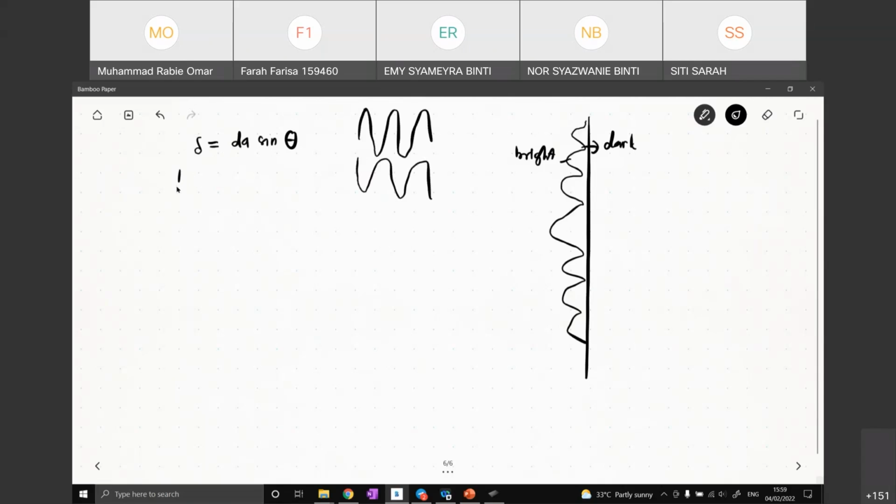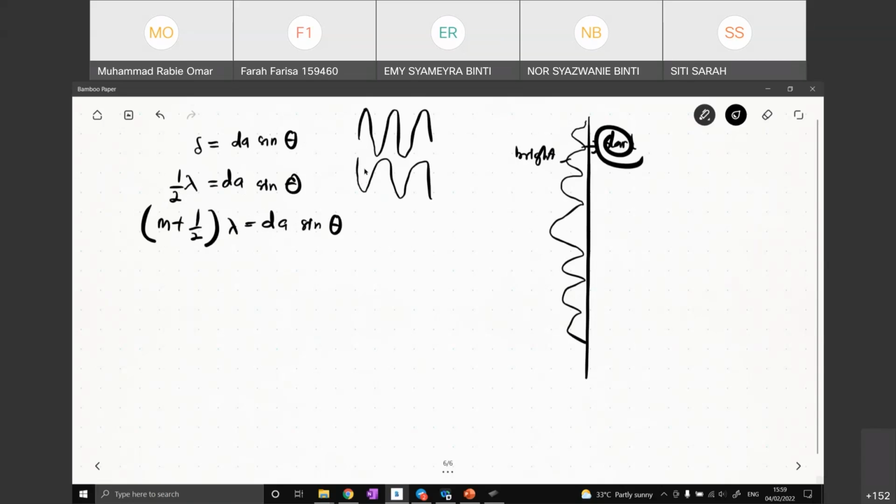So in order to achieve the darkness, delta must be equal to half of lambda. So it must be a multiple of half. Meaning I have m plus half, lambda equals dA sine theta.